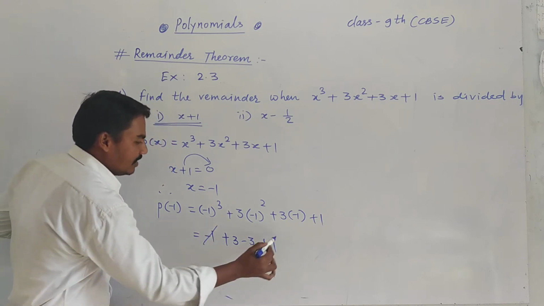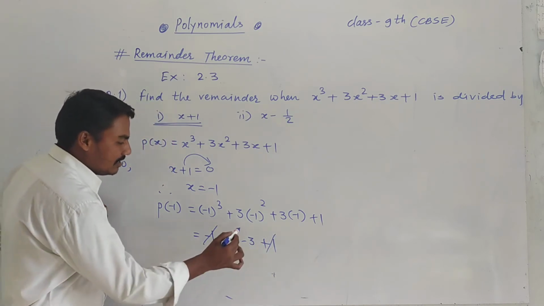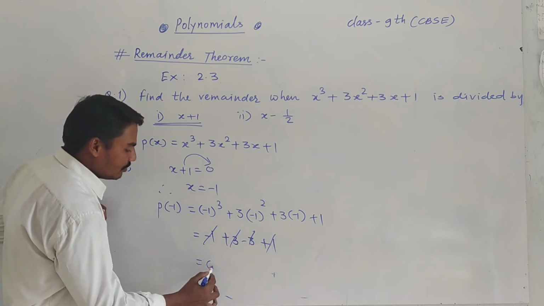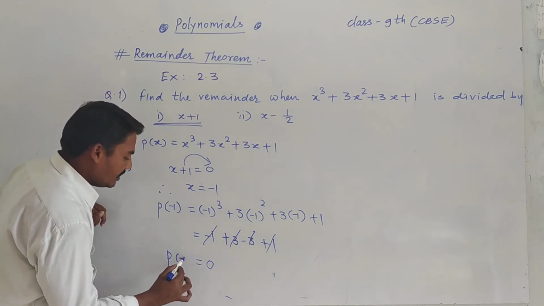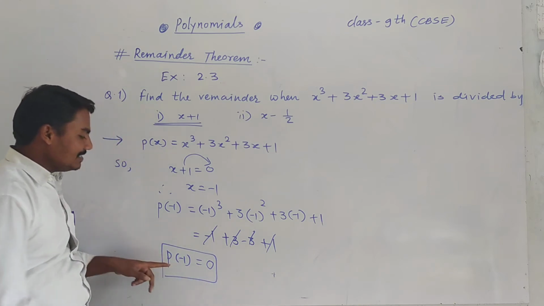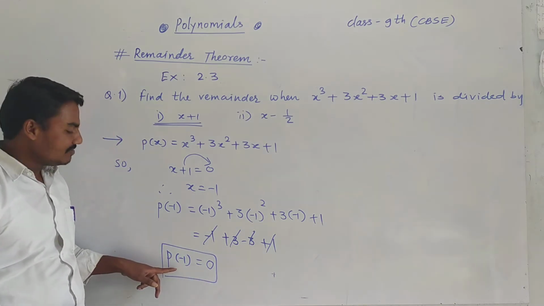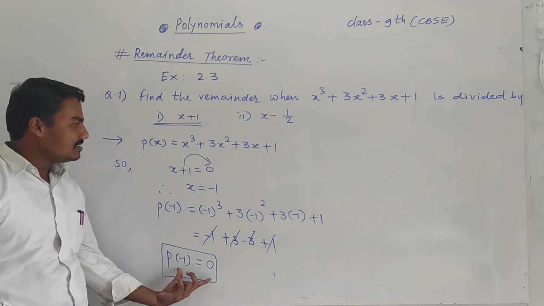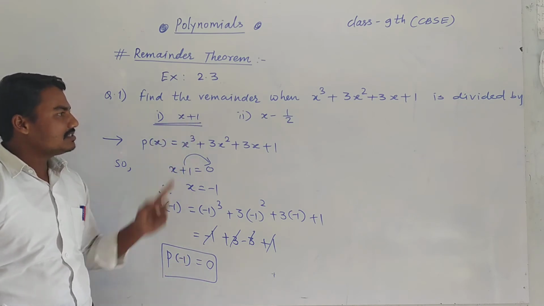Minus 1 plus 1 get cancelled, plus 3 minus 3 get cancelled, so it is 0. So P of minus 1 is 0. P of minus 1 is our remainder, so the remainder is 0 for x plus 1.